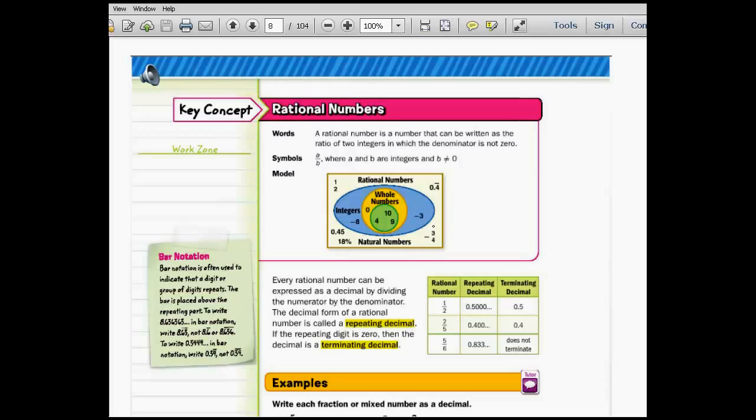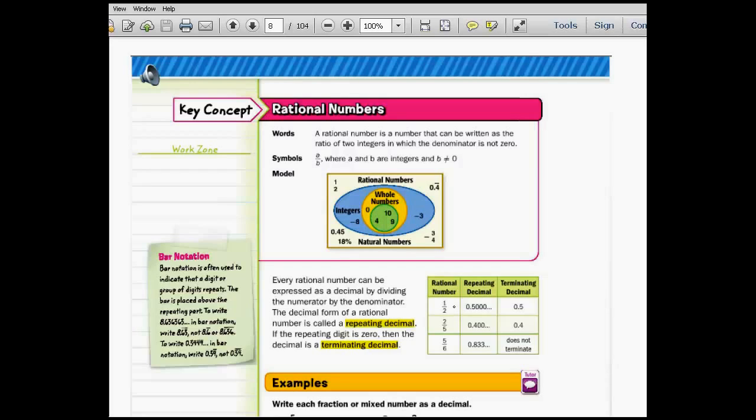Focusing specifically on the decimal part of this, let's talk about repeating decimals and terminating decimals. Here's the main difference. Repeating decimals keep going, whether they repeat 1 number, 2 numbers, 3 numbers, whatever it is. Terminating decimals stop, so it comes out even.